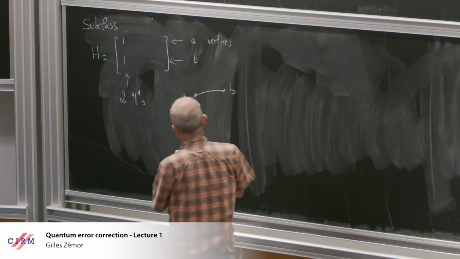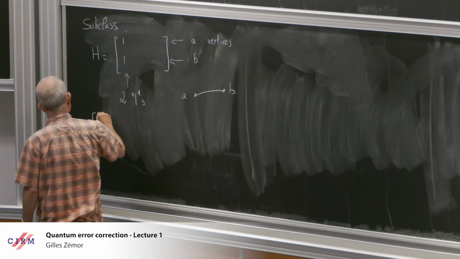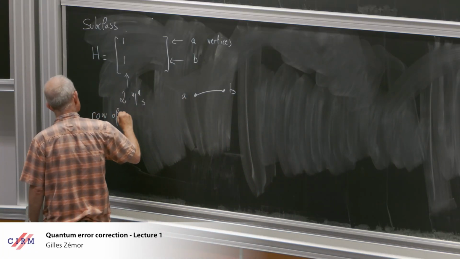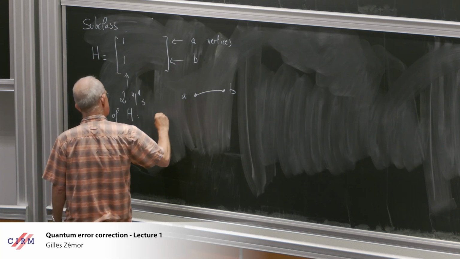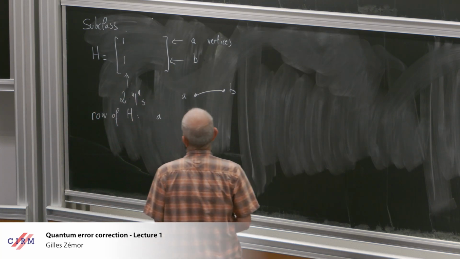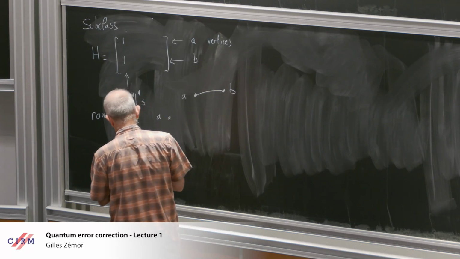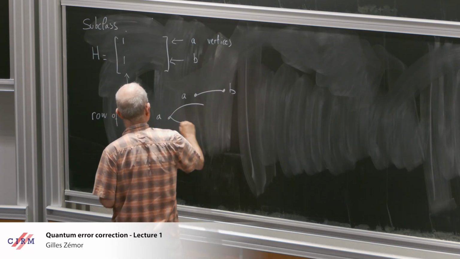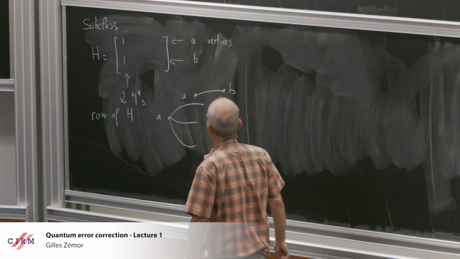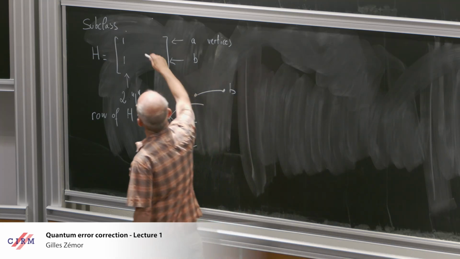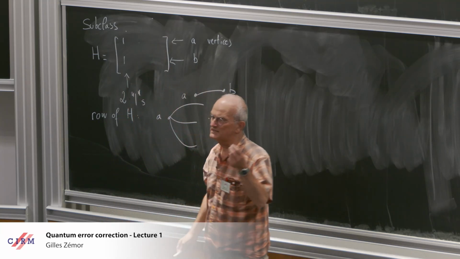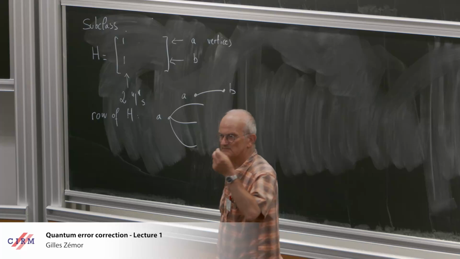And now a row of H corresponds to some vertex, say call it A, and every one in this row gives you an edge in the graph.